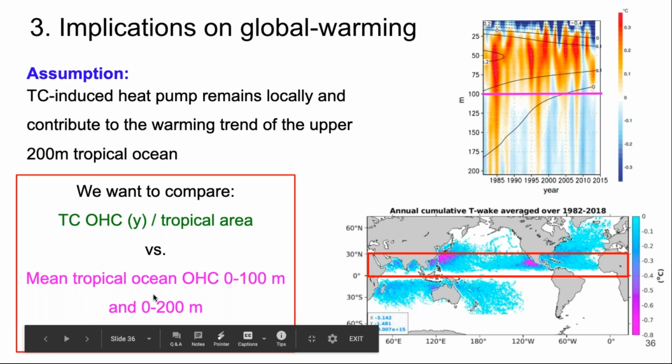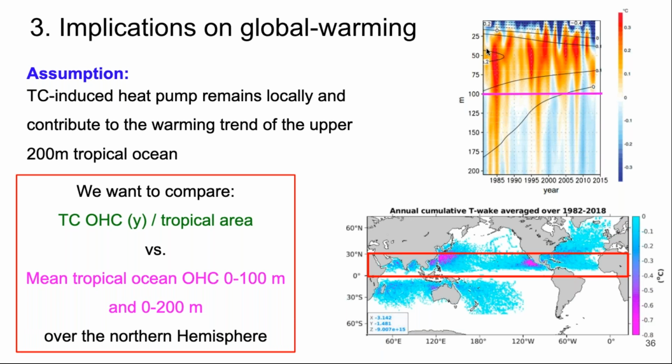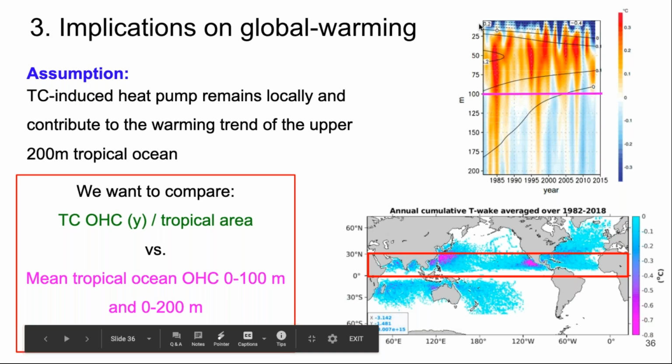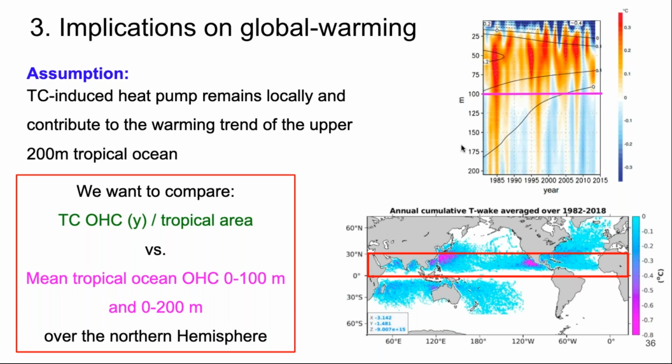And then we can compare with the mean tropical ocean heat content for the first 100 meters, where most of the warming happened, or over the first 200 meters, the maximum depth of TC impact.